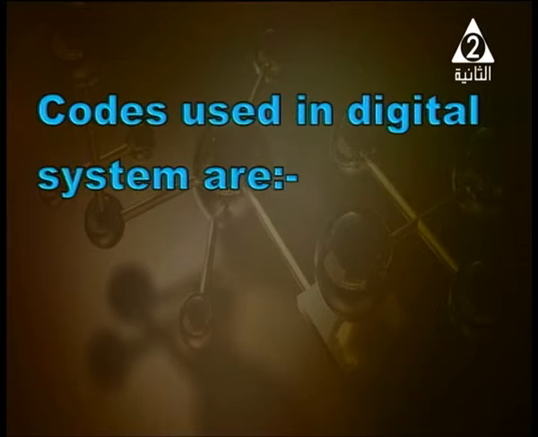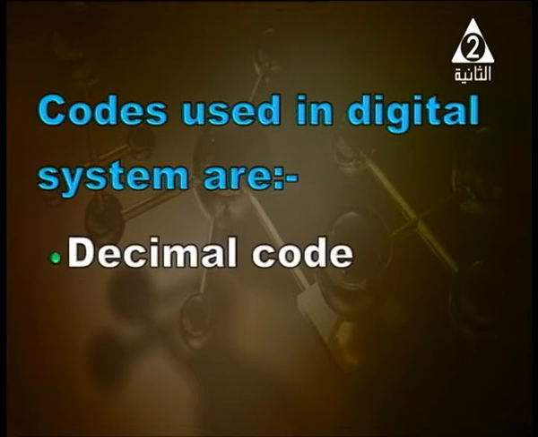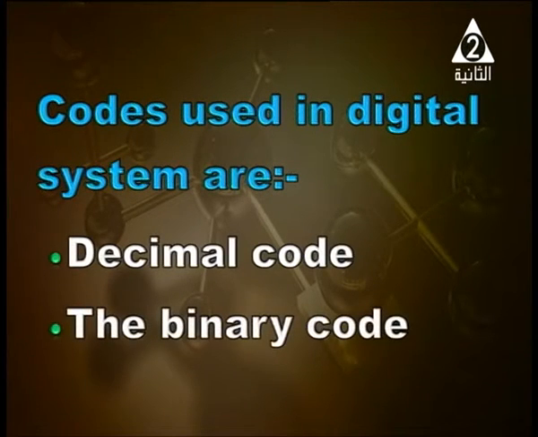Codes used in digital systems are, first of all, the decimal code and the binary code. Decimal means it consists of 10 digits. Binary means it consists of 2 digits. So once again, codes used in digital systems are decimal and binary.